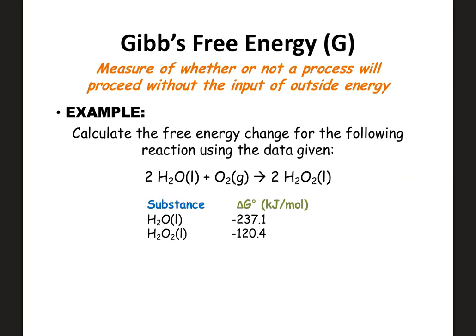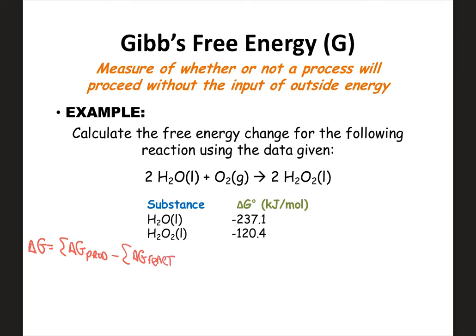We can jump right in and do an example here. We want to calculate the free energy change for this reaction given this data. We already know that delta G would be equal to the sum of your delta G of your products minus the sum of your delta G of your reactants.